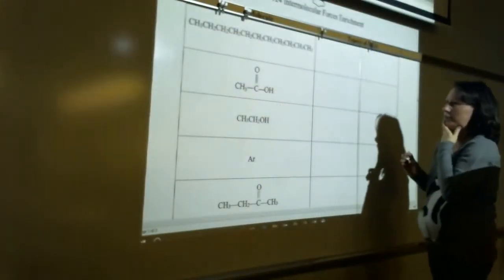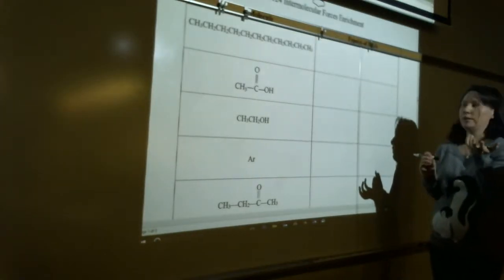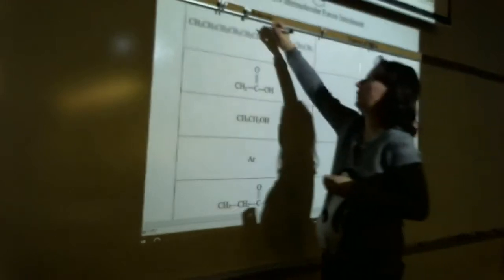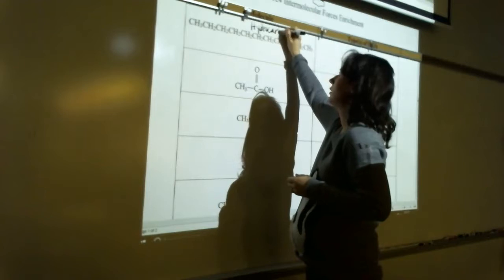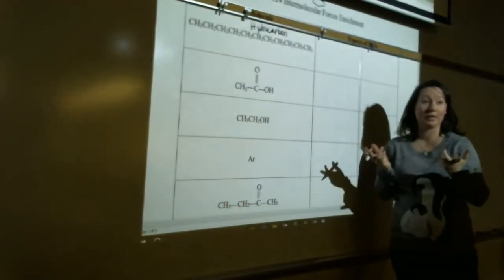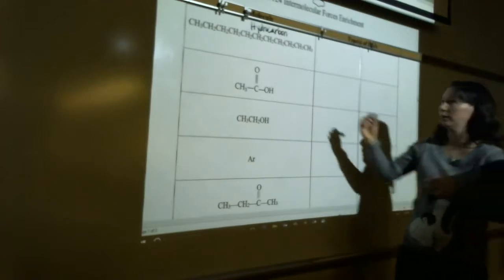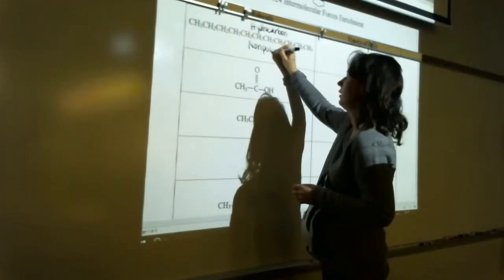What kind of molecule is it? It's composed only of carbon and hydrogen, right? So that means it's got the name hydrocarbon. And we discussed on Monday, carbon and hydrogen have the same electronegativity, right? So that's nonpolar. That means that electrons are being shared evenly.